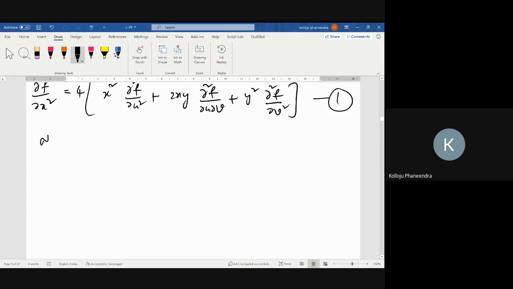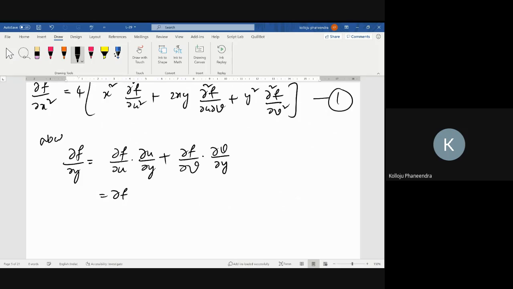Now ∂f/∂y. I have to calculate ∂²f/∂y². For that, first ∂f/∂y. f is a function of u, u is a function of y; f is a function of v, v is a function of y. So this ∂f/∂u, what is ∂u/∂y? Minus 2y, plus ∂f/∂v, what is ∂v/∂y? ∂u is over, ∂v/∂y is 2x.